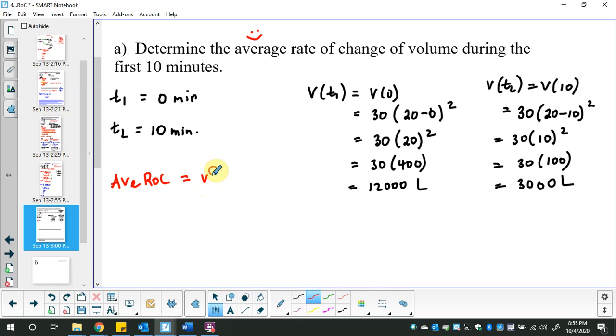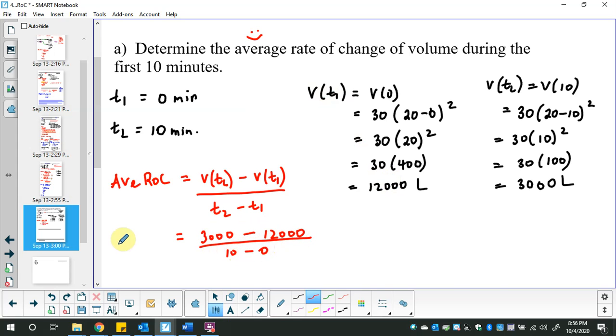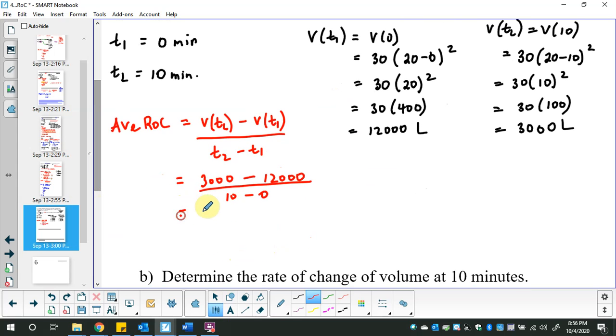So V at t2 minus V at t1 over t2 minus t1. 3,000 goes first, minus 12,000 goes second, over 10 minus 0. That's negative 9,000 divided by 10, which is negative 900.